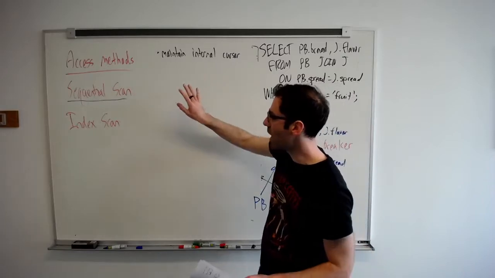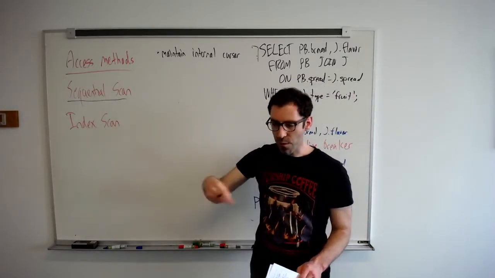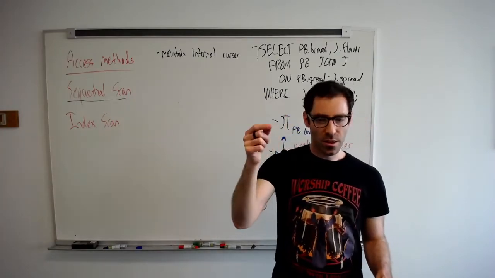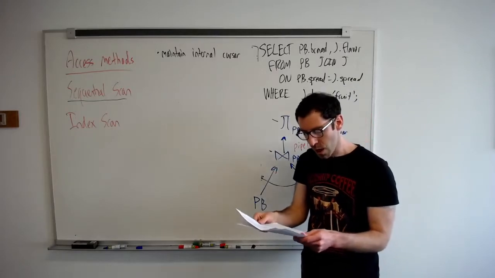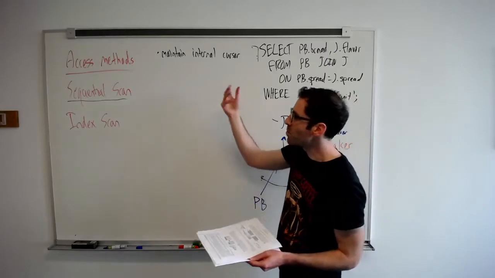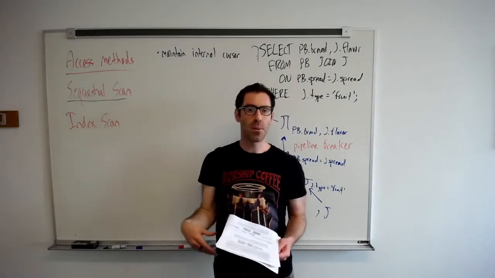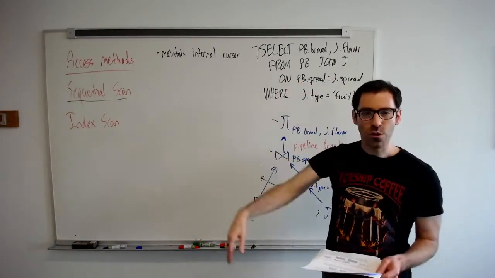In our iterator model, the node at the bottom, that for loop, is maintaining this cursor of where it is in the data file, so it knows which tuple to emit next when that method is called. And sequential scan seems like it might be just a linear read of everything.